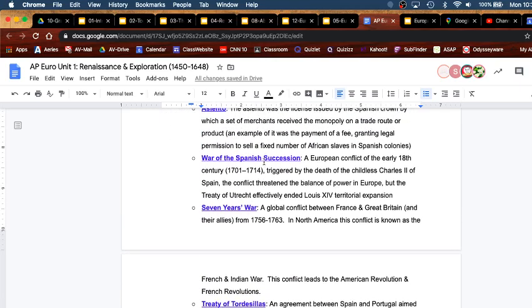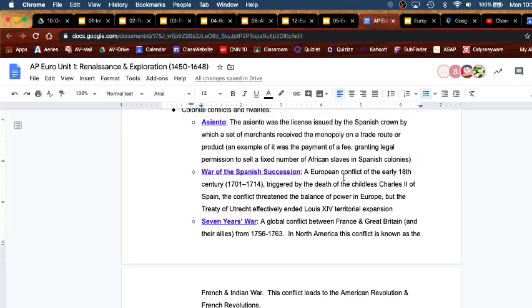The War of Spanish Succession, a European conflict of the early 18th century, here's the dates, 1700s, triggered by the death of the childless Charles II of Spain. The conflict threatened the balance of power in Europe, but the Treaty of Utrecht effectively ended Louis XIV's territorial expansion.